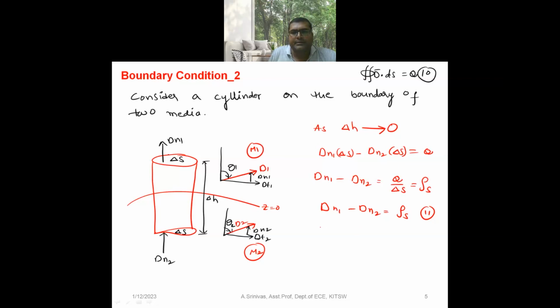If there is no free charge, the term Dn1 minus Dn2 is equal to 0, and it is equivalent to Dn1 is equal to Dn2.